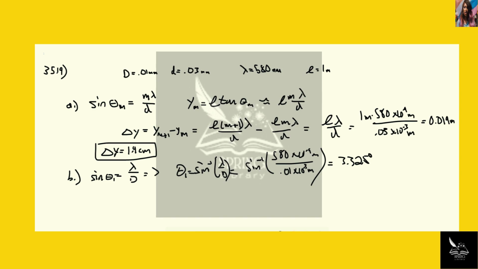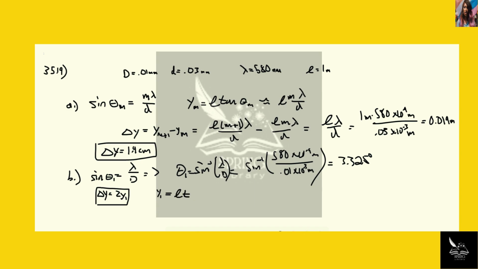So if this is our theta 1, from theta equals 0 to the first minimum, we can find the height of the first minimum, y1, and what we're trying to find is delta y, which is 2y1. So what does y1 equal?